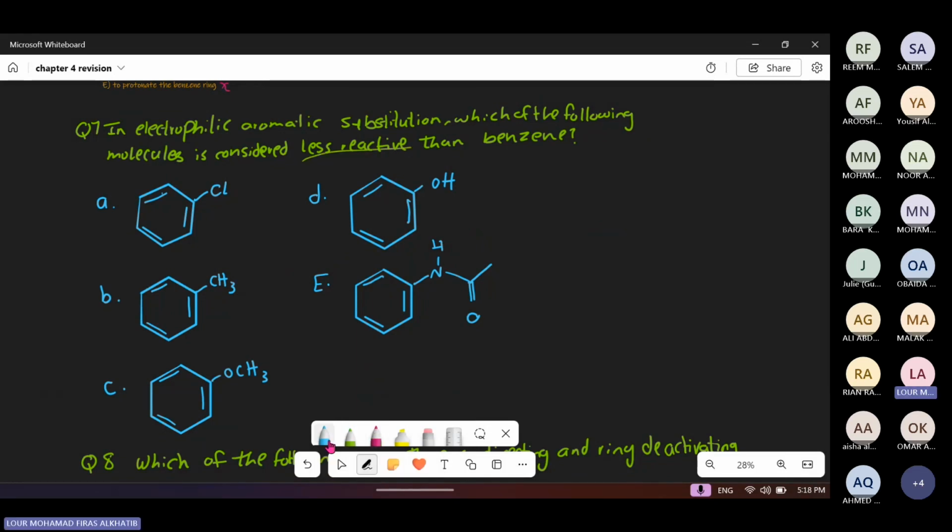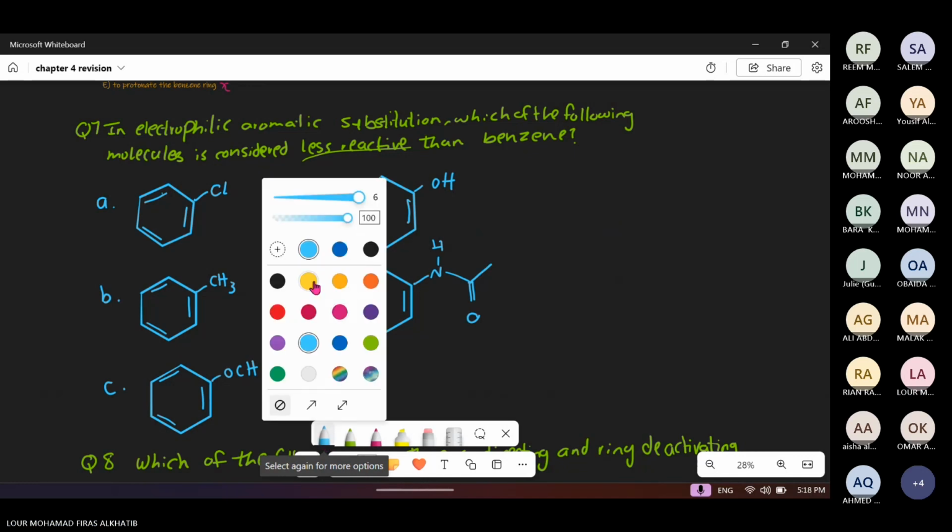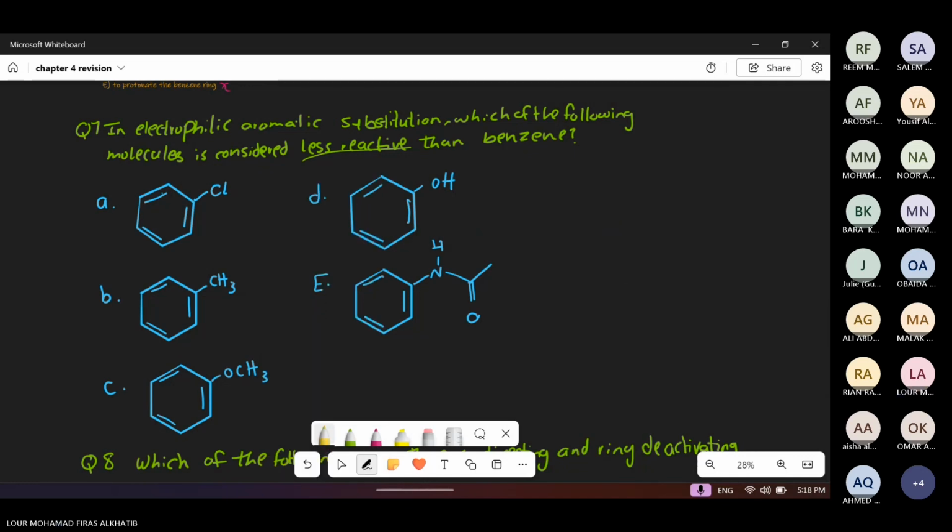What do you think? E. Exactly. Why? They are deactivators. They are meta directing, and they're less reactive than benzene.